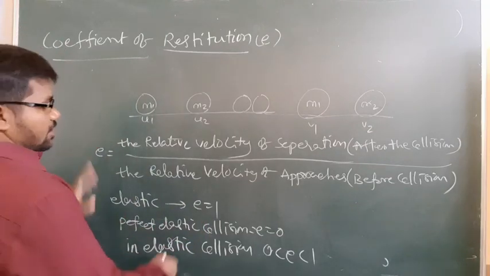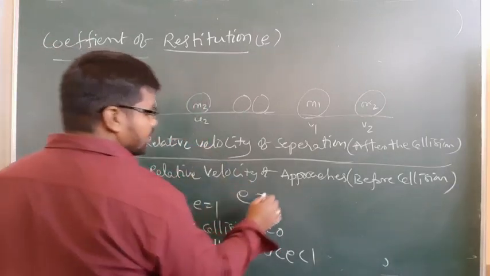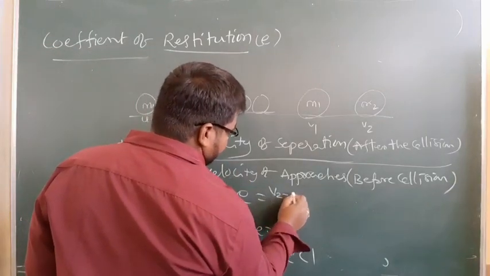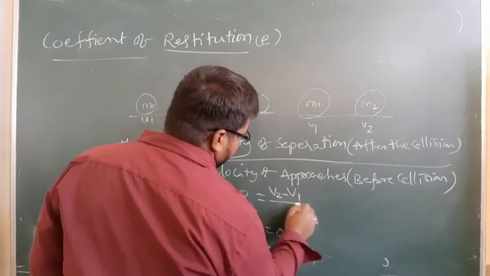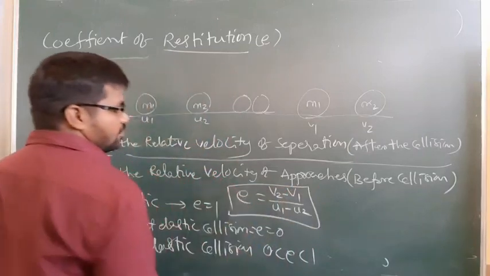So e is equal to (v2 minus v1) divided by (u1 minus u2). This is the formula.